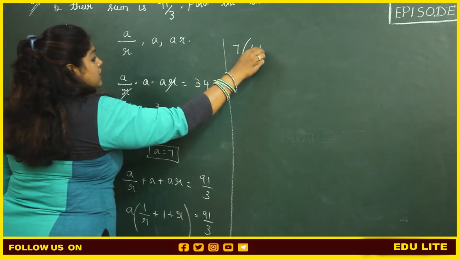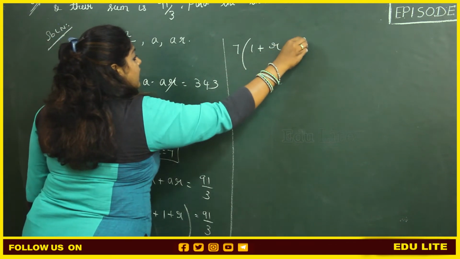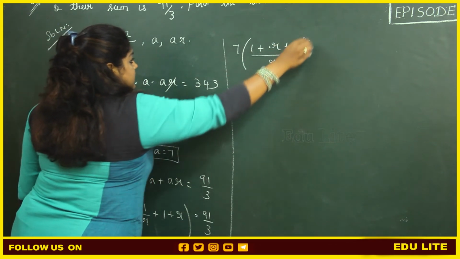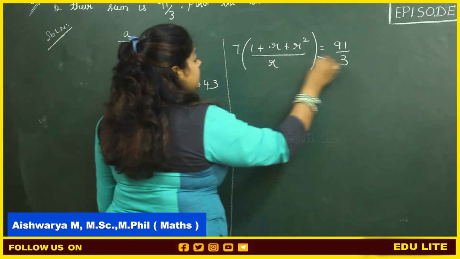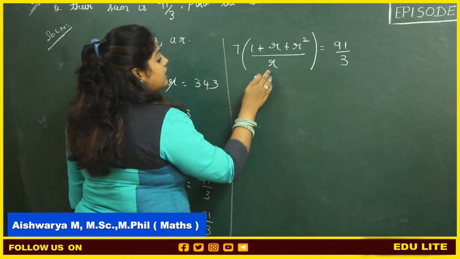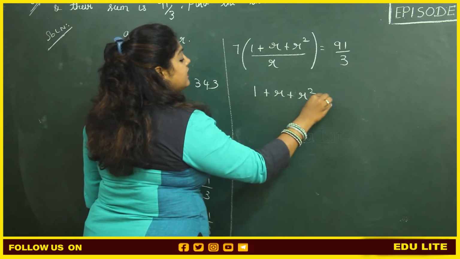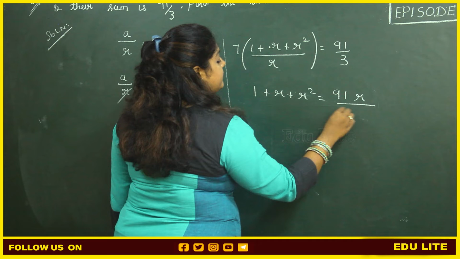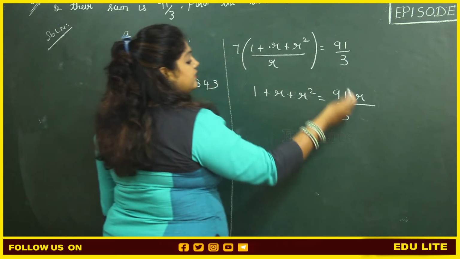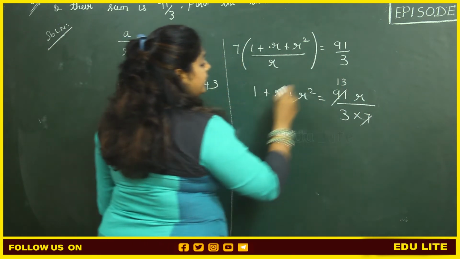A value is 7, and within the brackets let us take LCM. So it will become 1 plus r square by r, which is equal to 91 by 3. Let me take the 7 to the other side, and also 1 plus r square equals 91 into r divided by 3 into 7, which comes to the denominator. 7 and 91 will get cancelled by 13.